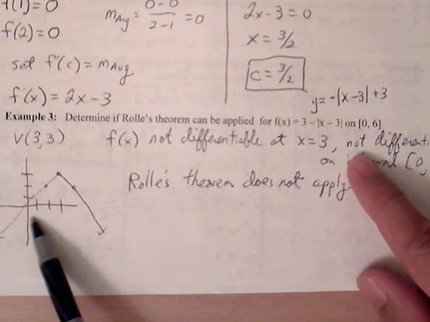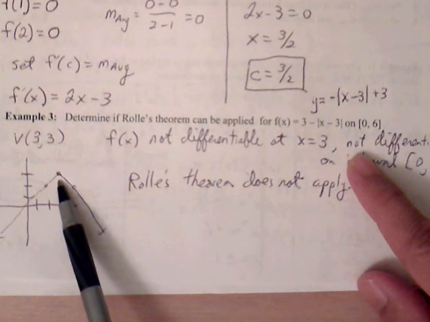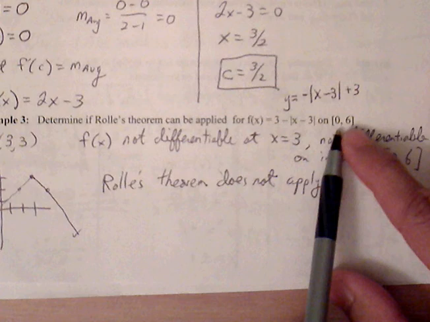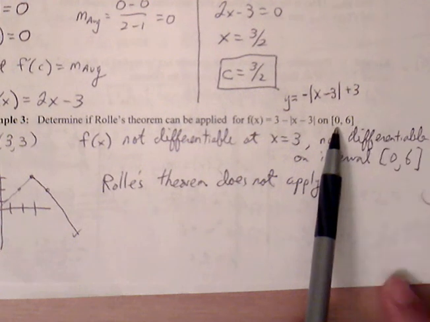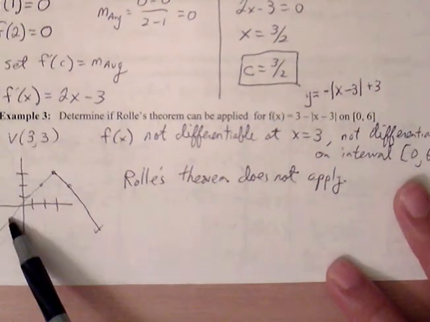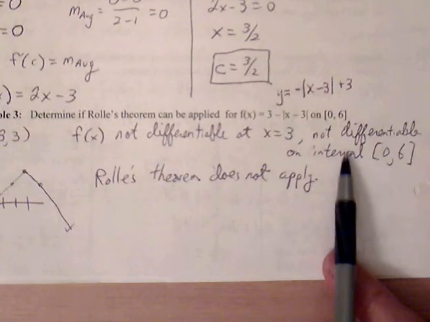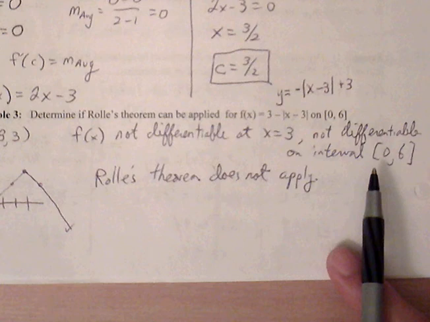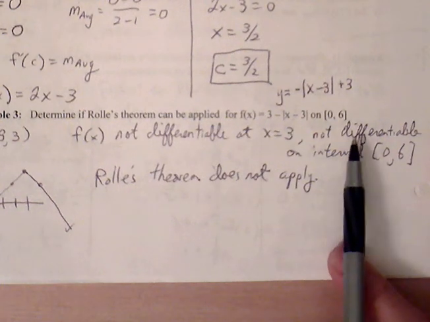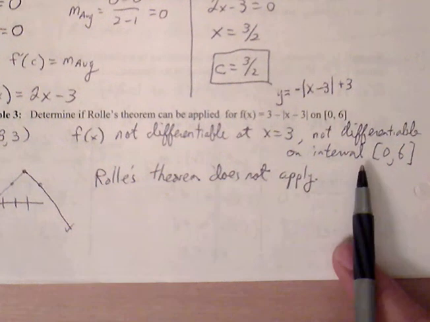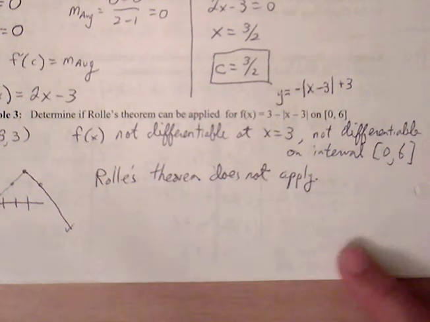We see the function is not differentiable at x equals 3, and that is going to impact our endpoints. So we know that even though the function is continuous, the function is not differentiable between the endpoints. So therefore, Rolle's theorem is going to fail because it does not pass the differentiability condition. So Rolle's theorem does not apply.